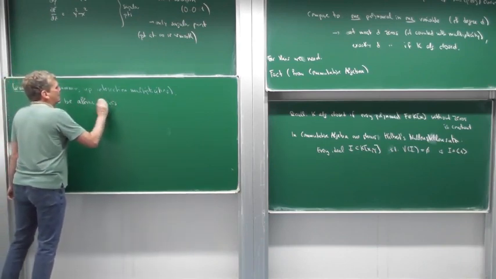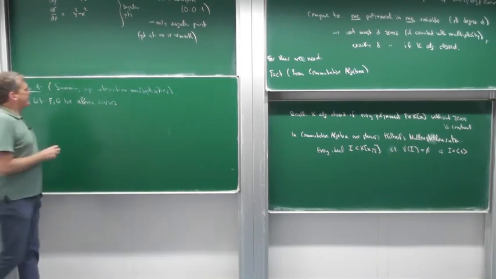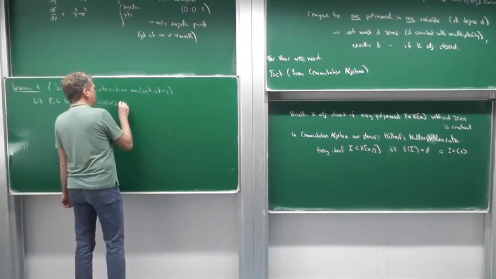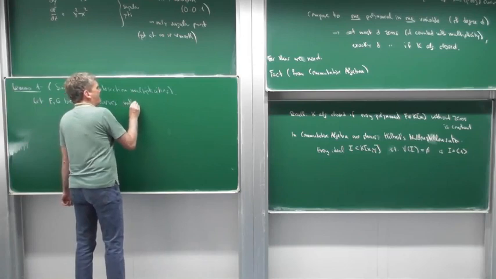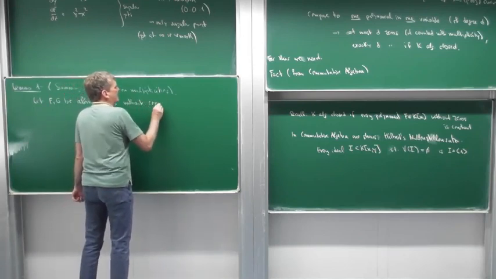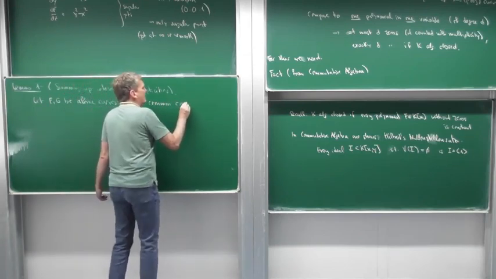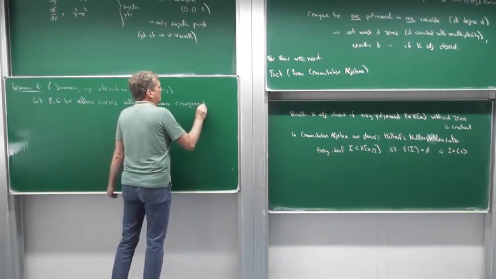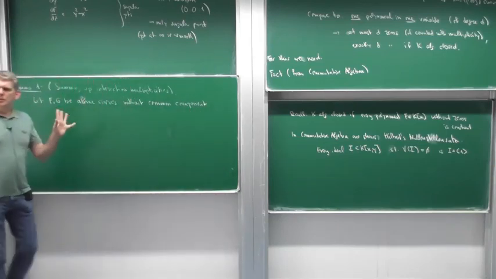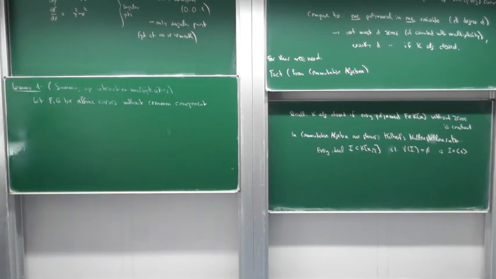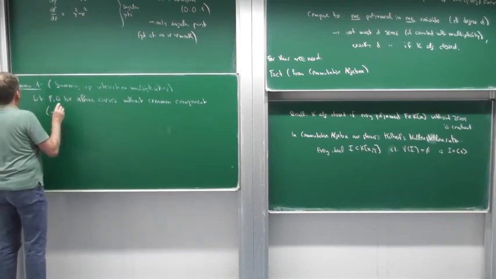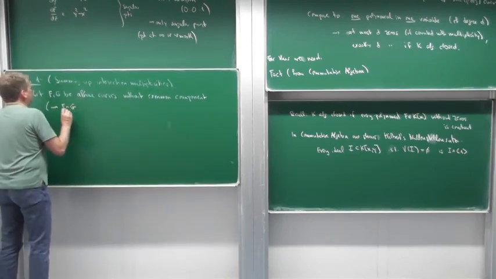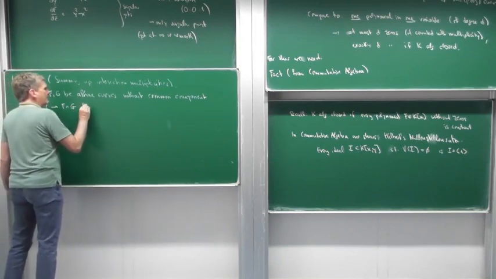In order for the intersection points to be finite, we assume that they have no common component, so in particular their intersection will be finite. We showed that; that's just to recall, not a statement of the lemma.